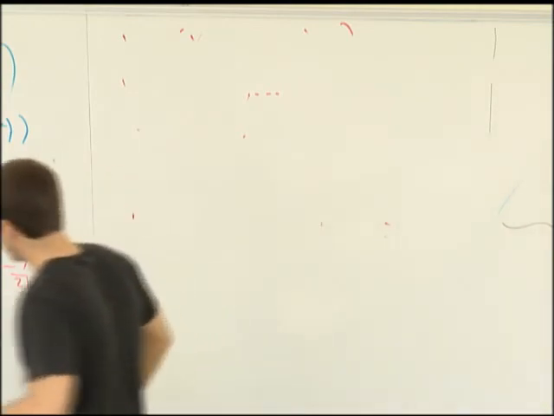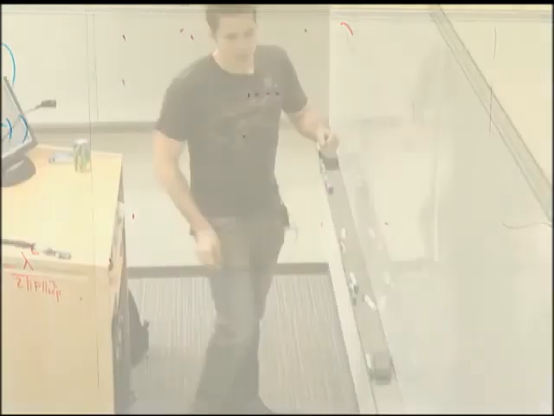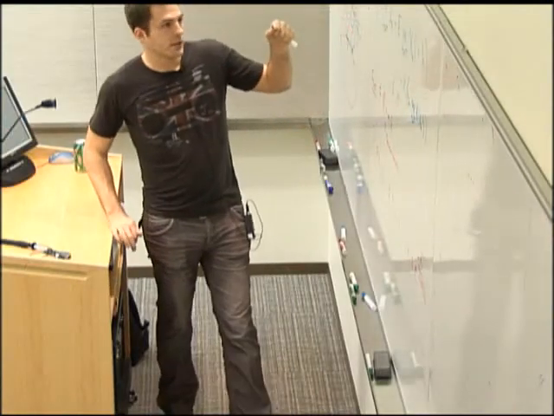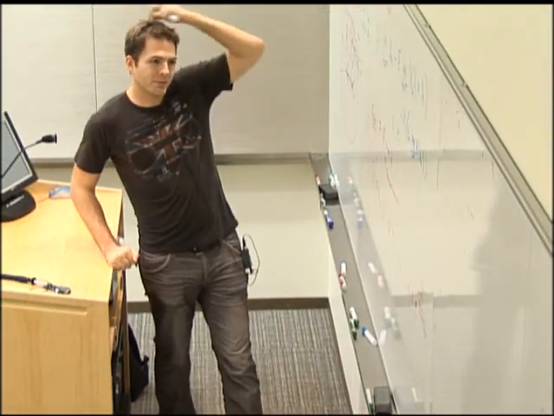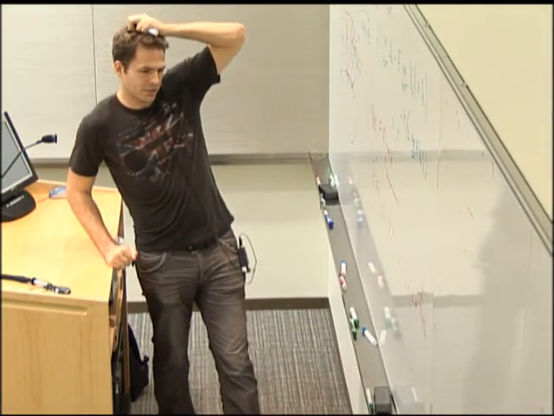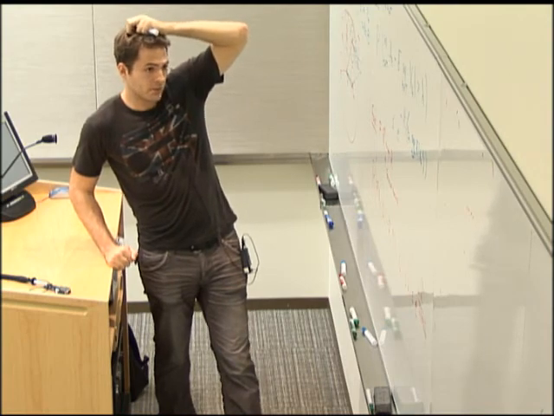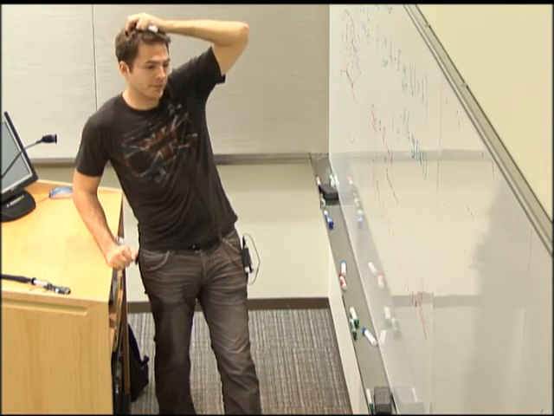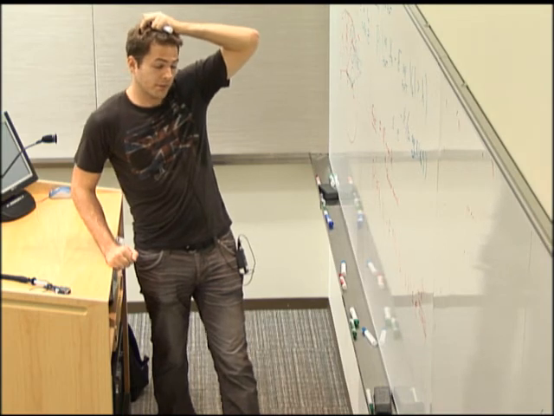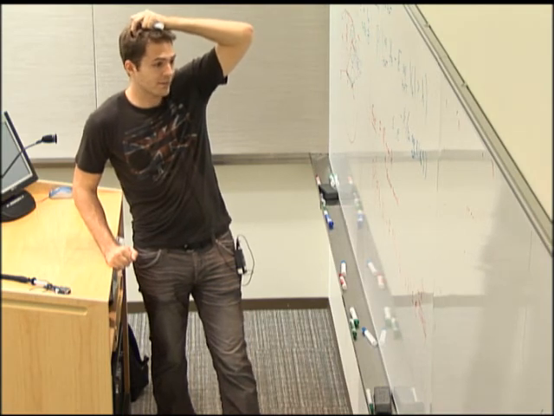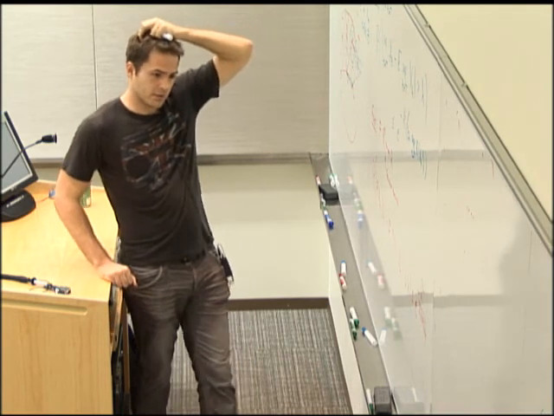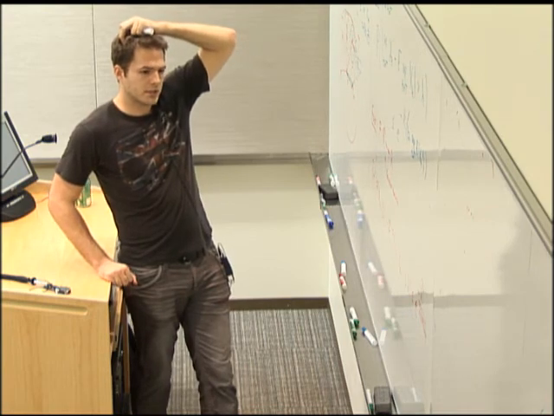No. The supremum is Lipschitz, but we need to... What's the issue? Why is there something confusing here? I agree, the supremum is Lipschitz. The supremum is in fact 1-Lipschitz. So there's something tricky here.